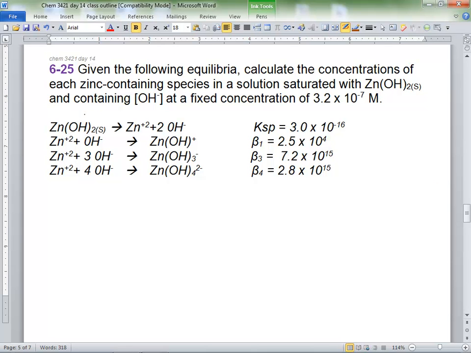Yeah, so what would you circle? Would you circle this one? Just starting from top to bottom. Would you circle this one, everybody? No. Oh, wait. All the zinc-containing species.